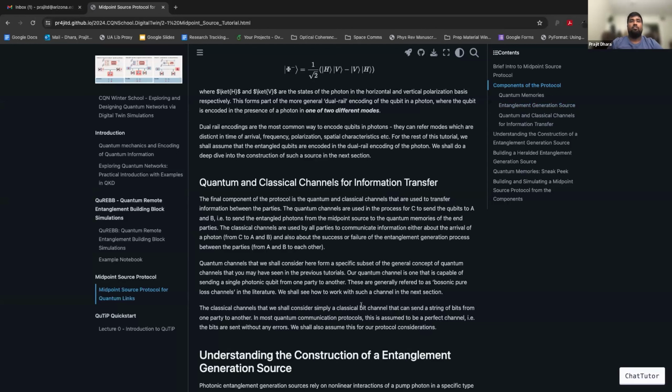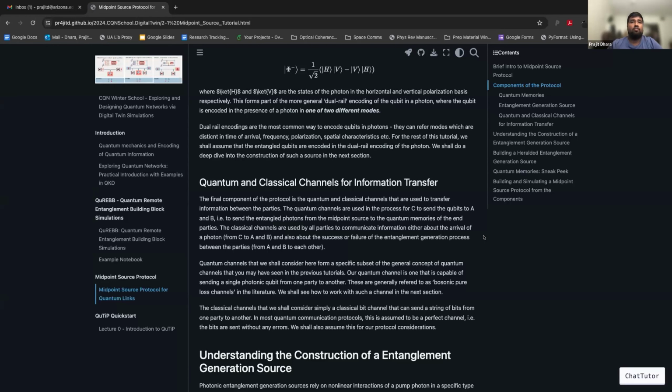You may lose information or lose some sense of the quantum state when it goes through a quantum channel. And these are generally used to model all the processes that are involved with sending a qubit from one point to the other. Our quantum channel is going to be very straightforward. We'll look at something known as the bosonic pure loss channel, or sometimes just called a pure loss channel in literature.